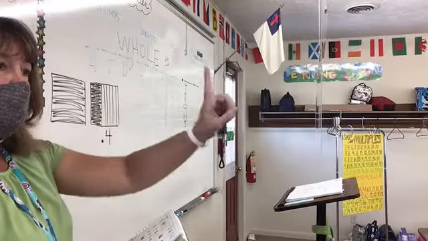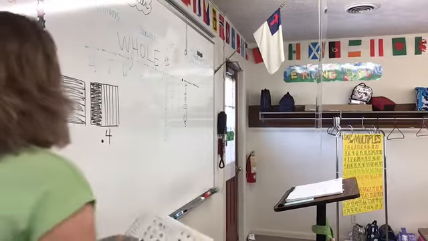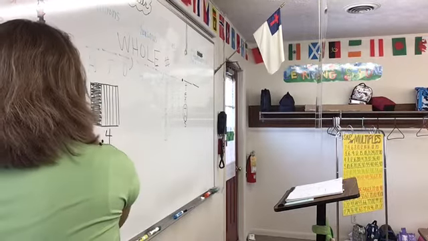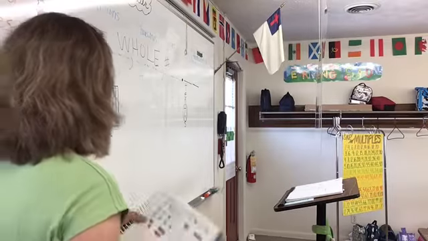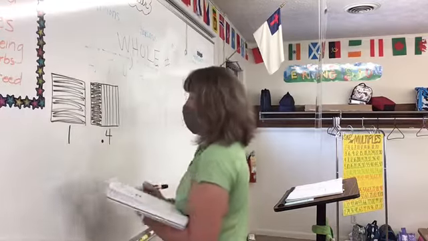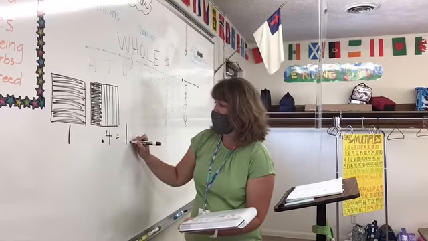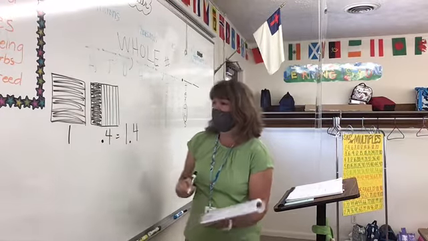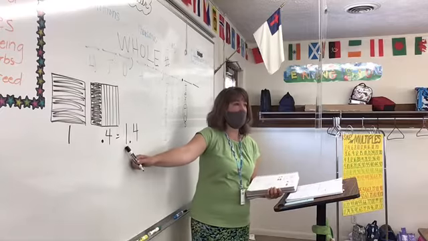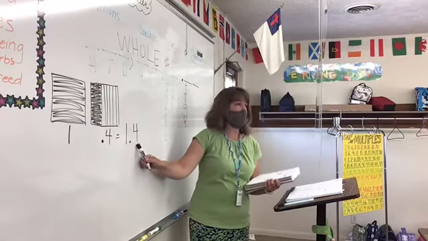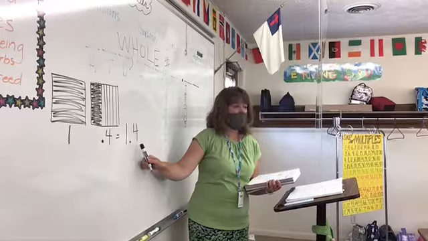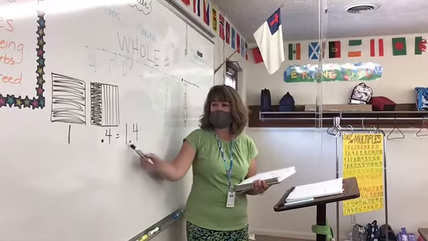A whole pie is 1. 1 whole number. Okay, so my answer would be 1.4, because I had a whole pie and 4 tenths of a pie. So 1 and 4/10, that's how you would say that.